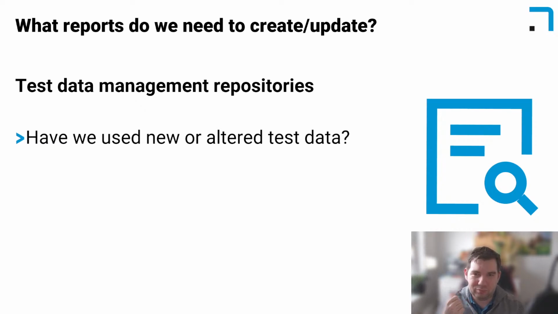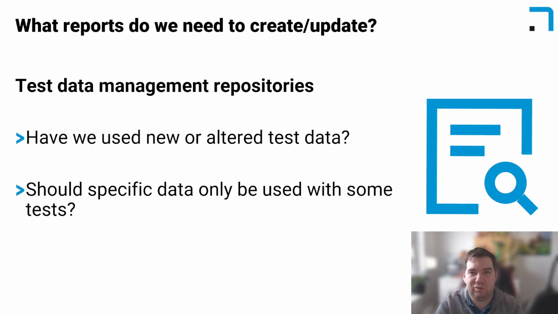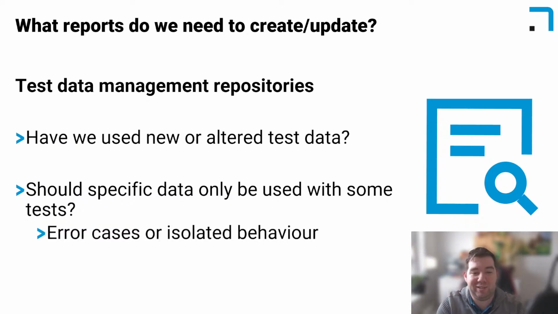Then we need to look at understanding whether only specific data should be used with some tests. And this is primarily when we need to look at error cases or other isolated behavior.